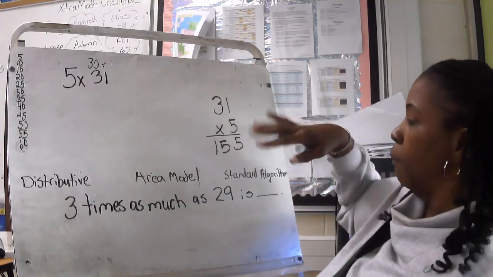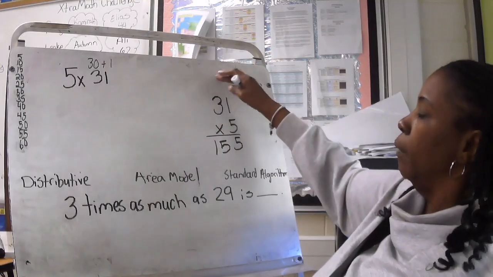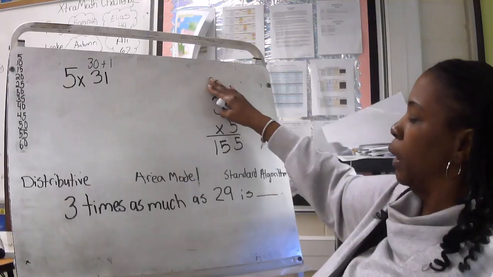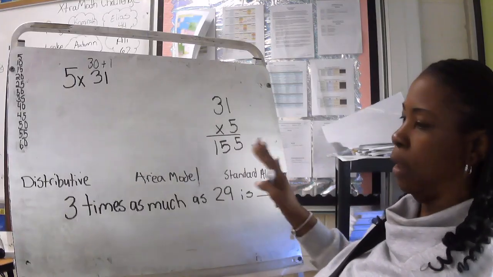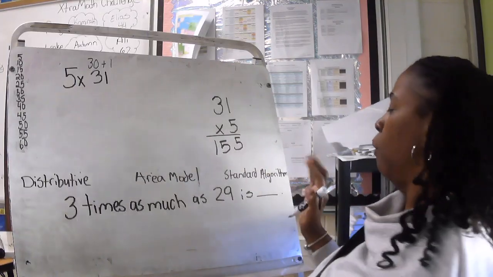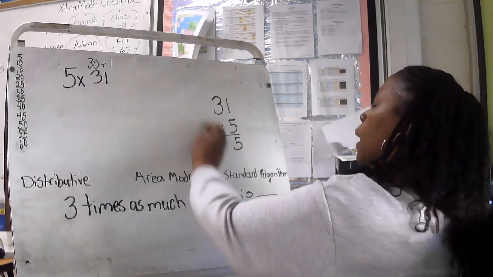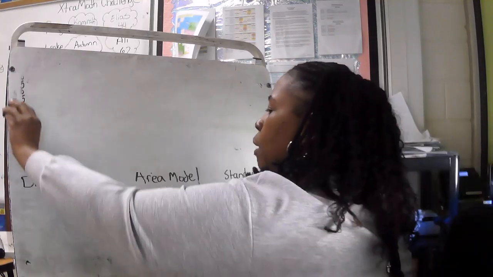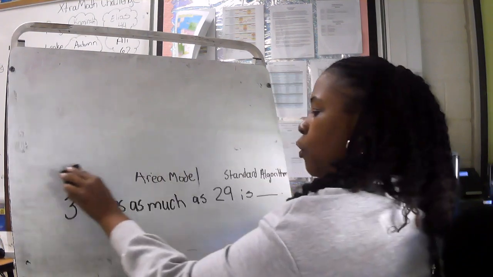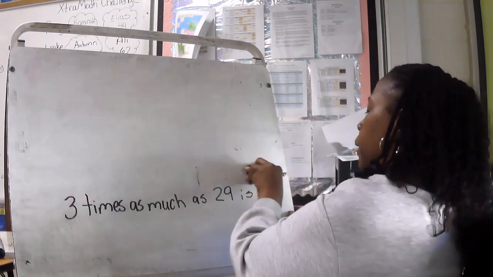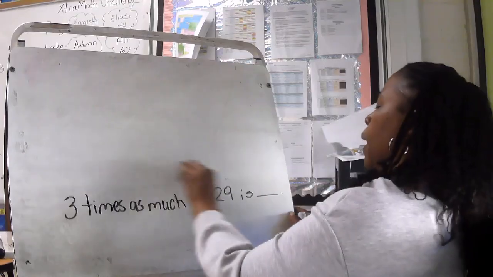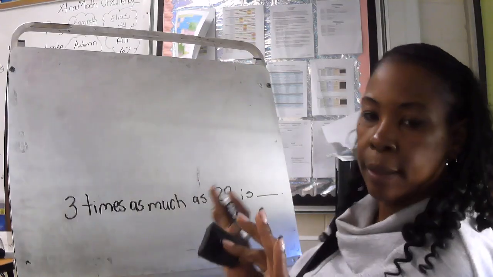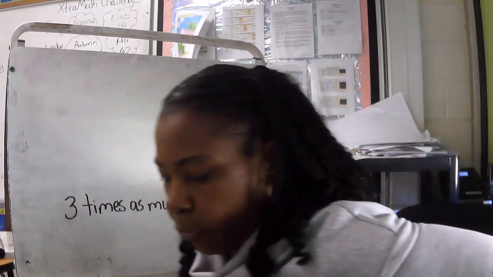It was like 6 times 7 was 42. And they didn't even put plus 4. They just wrote the answer. And I was like, no, I need to see it. I need to know that you know how to do standard form and not just write the answer. Okay? So this is how they need to do every time. Every multiplication from here on out, we're going to be practicing that, so it's just like second nature. They automatically know what to do.